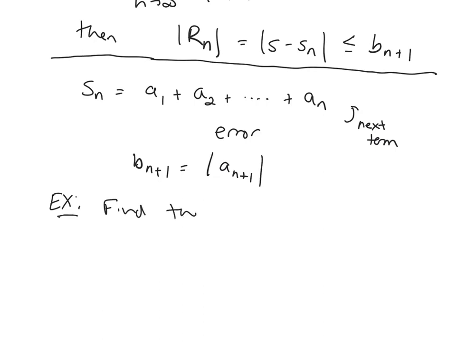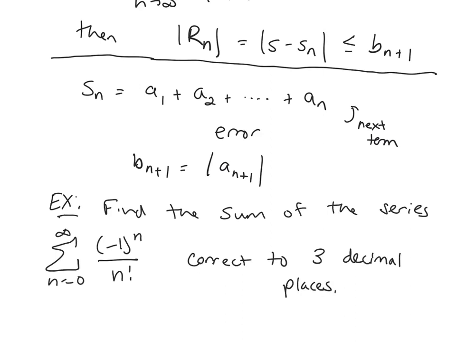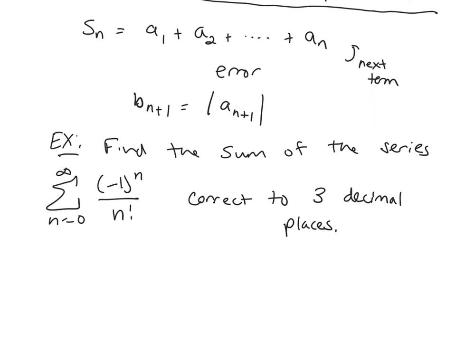Find the sum of the series, sum of (-1)^n over n factorial, correct to 3 decimal places. So the first step is that we have to make sure that this series actually converges. I need to use the alternating series test.